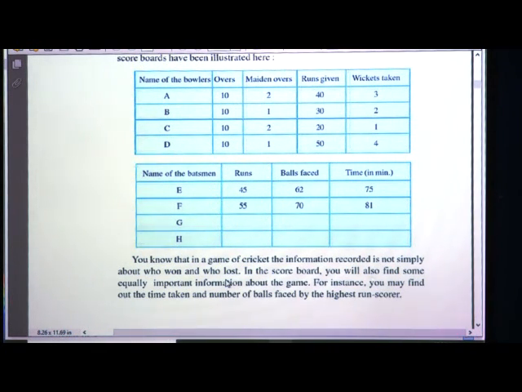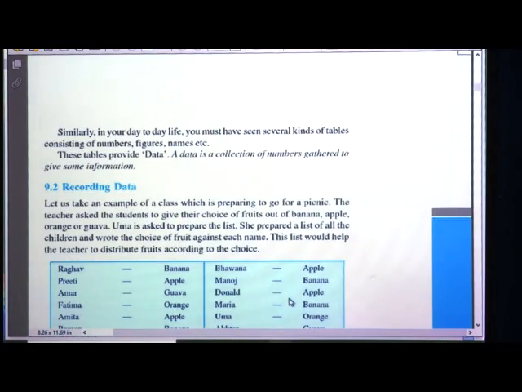In the scoreboard, you will also find some equally important information about the game. For instance, you may find out the time taken and the number of balls faced by the highest run scorer. By that only we can further know about the man of the match. Yes. So a scoreboard is very much important.